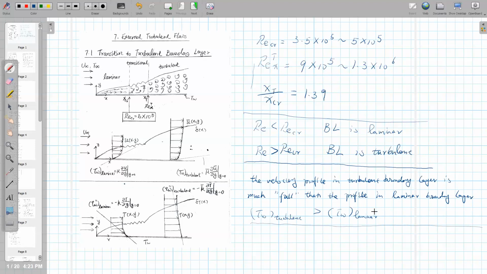And similarly, we can observe the temperature profile. Here we have the temperature profile for the laminar flow and the temperature profile for the turbulent flow. It's the same thing. You can see that on the turbulent side, the profile is also very full here.